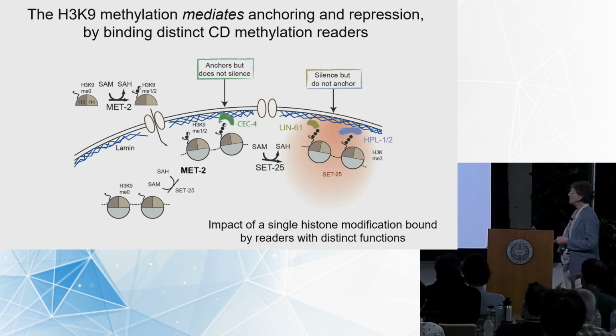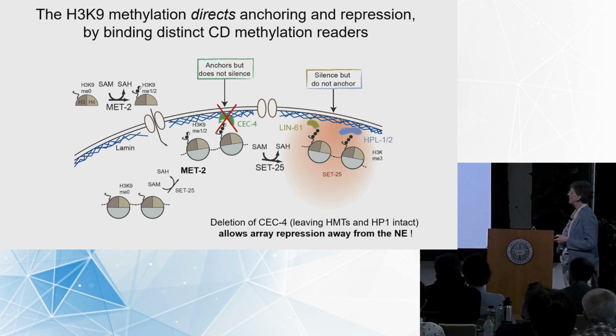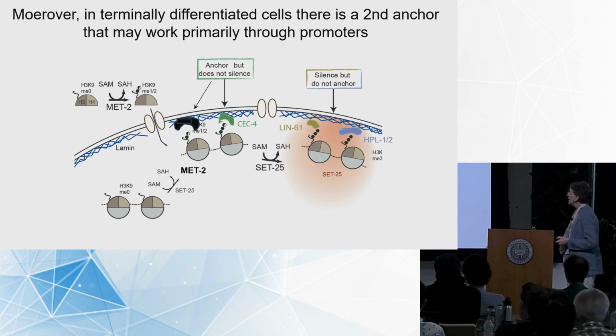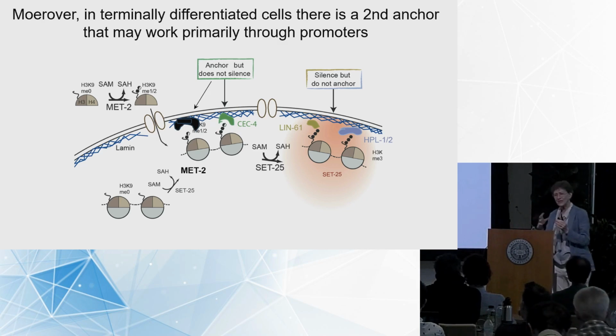So this is really the impact of how a single histone modification can drive nuclear organization of a whole set of chromatin domains. So as I said, if you knock out CEC4, leaving the HMTs and the HP1 intact, you allow array repression away from the nuclear envelope. Now, what we found then was that was all done in embryos.